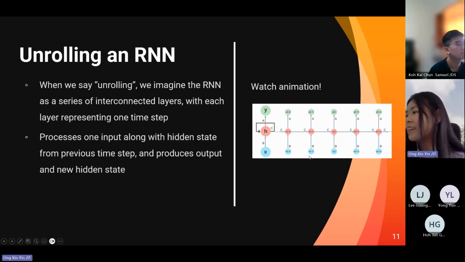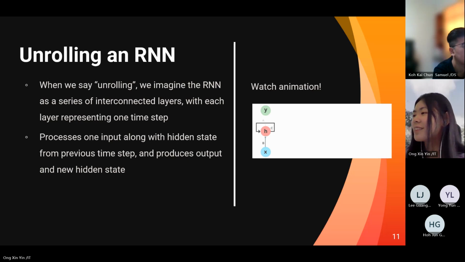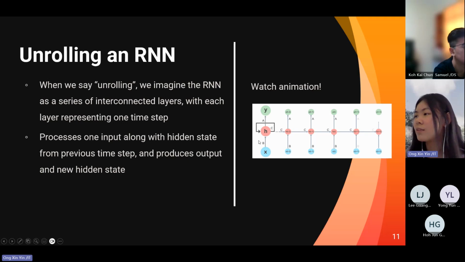If we see this animation, it will take in the input, which is the blue circle, and it will take in the previous hidden state, which is this pink circle, and it will produce an output and also a new hidden state.